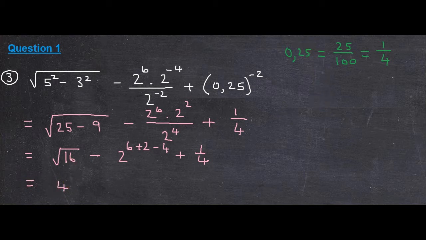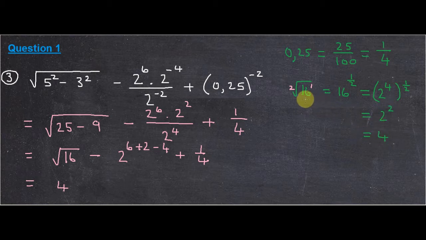Of course, we could have done it in the following way. The square root of 16 is 16 to the power of 1 over 2. So 16 to the half, and then we could have worked out prime factors, which is 2 to the 4 for 16, all to the half, and 4 times a half is 2, which is 4.